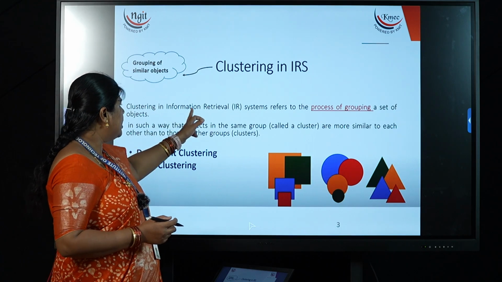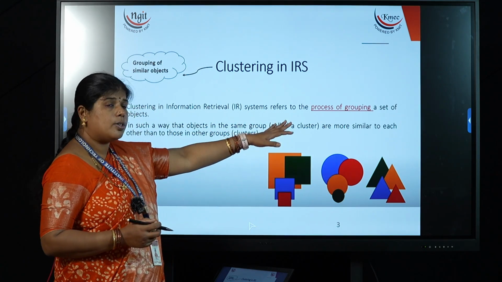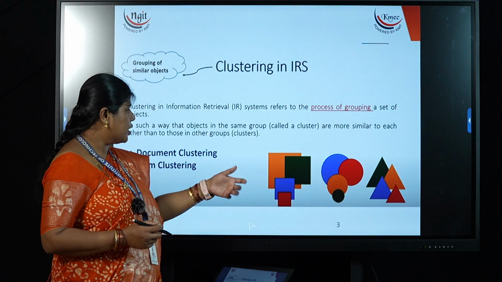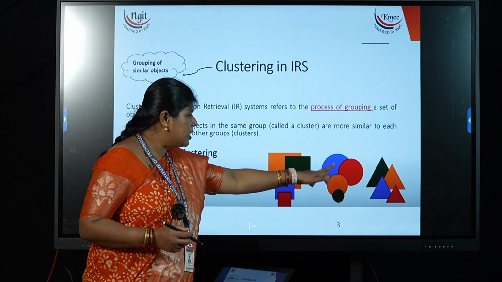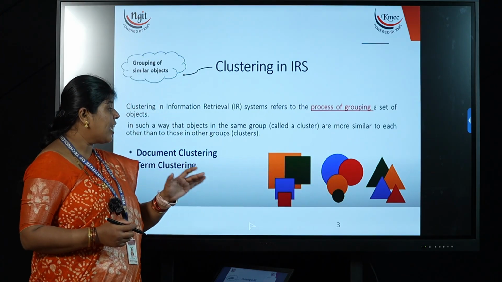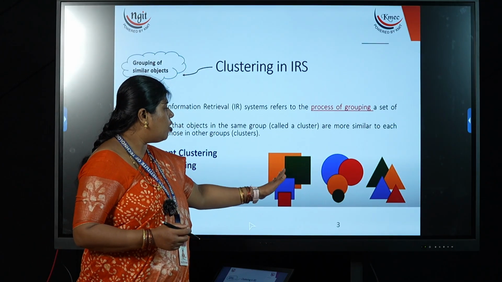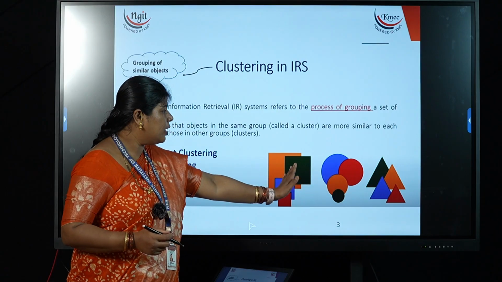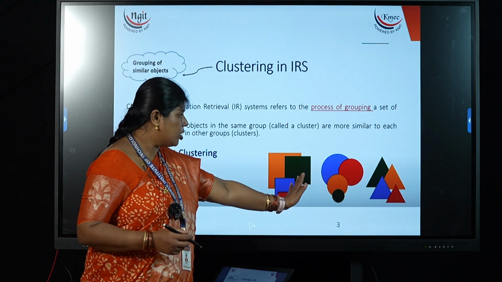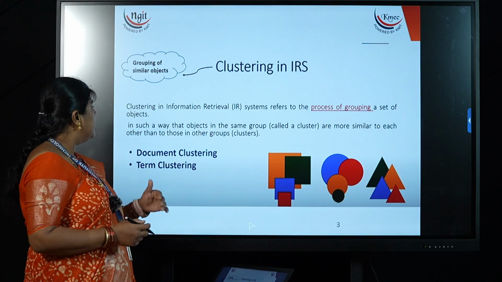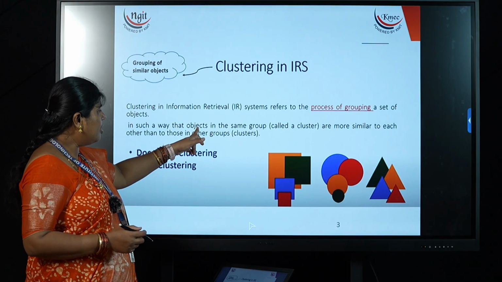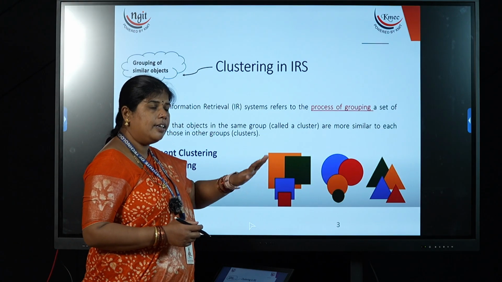Now clustering in an information retrieval system is a process of grouping a set of objects. Here in this example you can see that based on the type of object, based on the shape of the object, the objects are grouped together, and as we have three types of shapes, we have three groups here, in such a way that the objects in the same group are called a cluster.